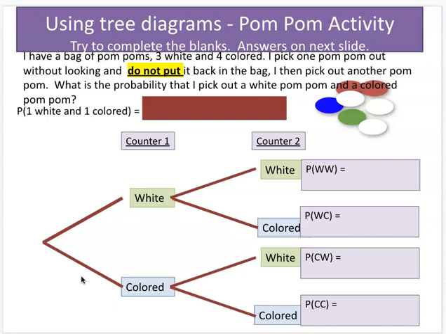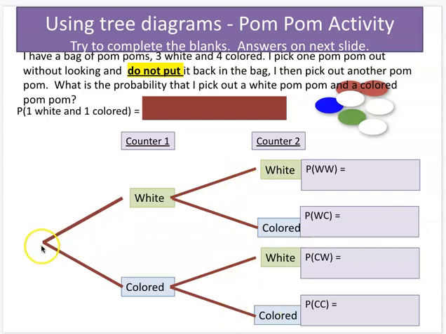Now I'm going to pull out a second pom-pom or counter or marble or whatever you want. Now, remember, I took one out already. So instead of having 7 in the bag, I only have 6 in the bag. So my denominators on all of these branches are going to be 6.